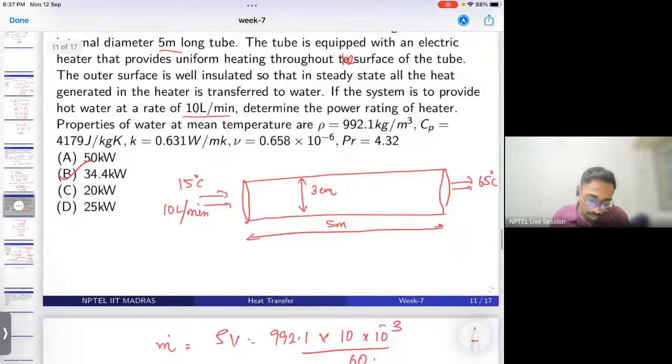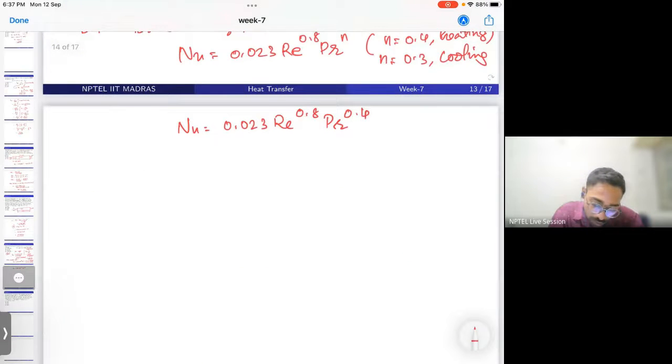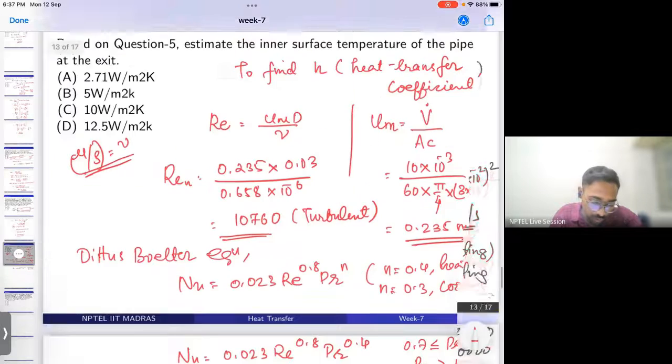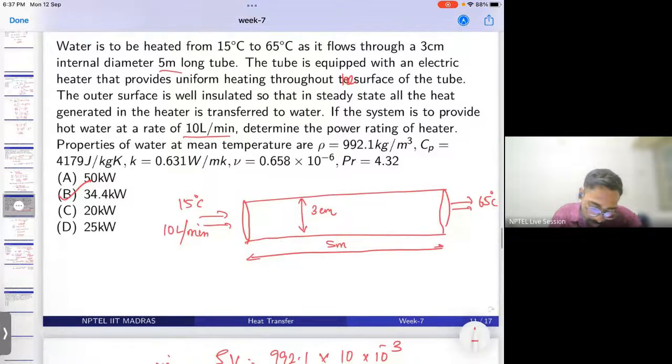For applying these conditions, the Prandtl number should be less than 150 in this range, and the Reynolds number should be greater than 10,000. So all these conditions got satisfied. Now the length of the tube: L by D should be greater than 10.